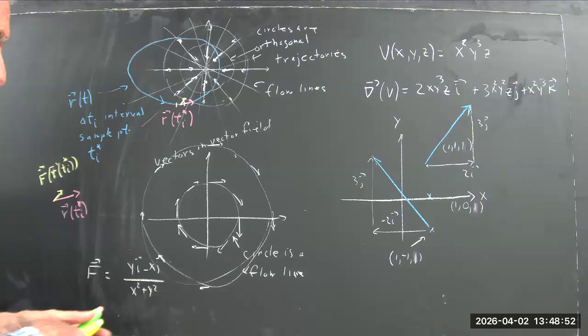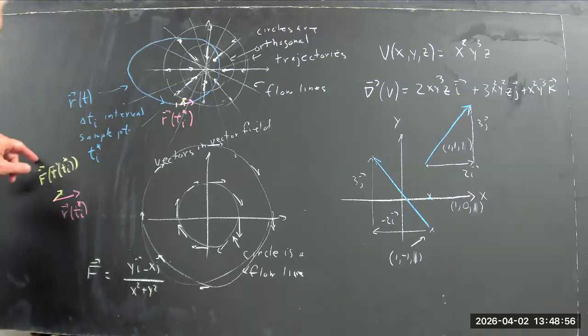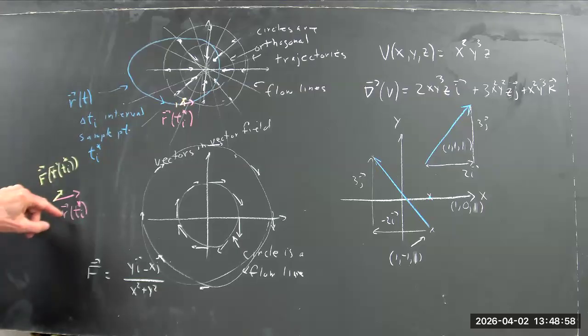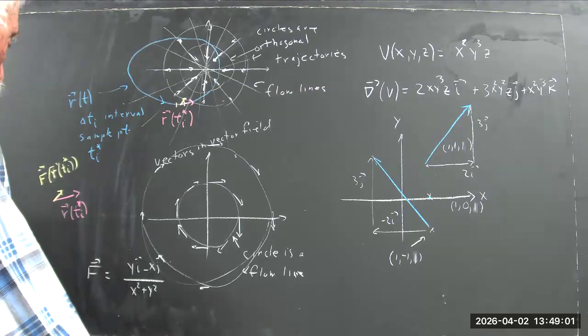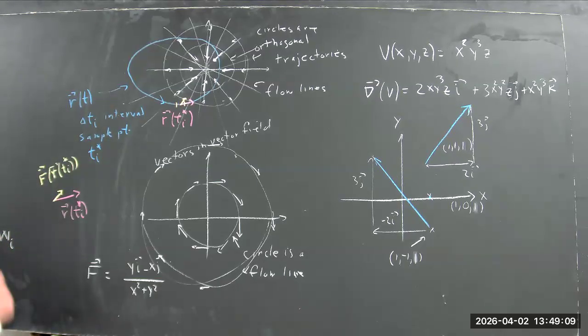Then the work done on this interval by the force F on whatever it is that's moving here, I'll call it delta W sub i.